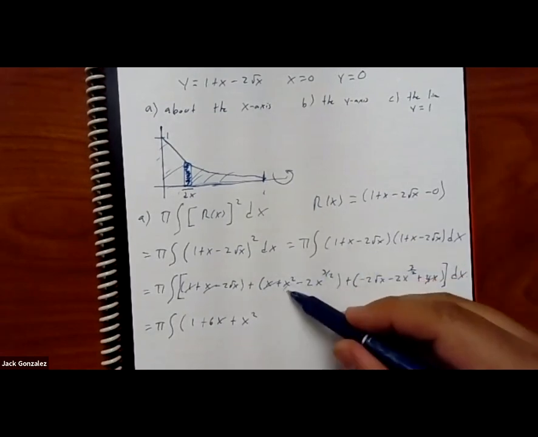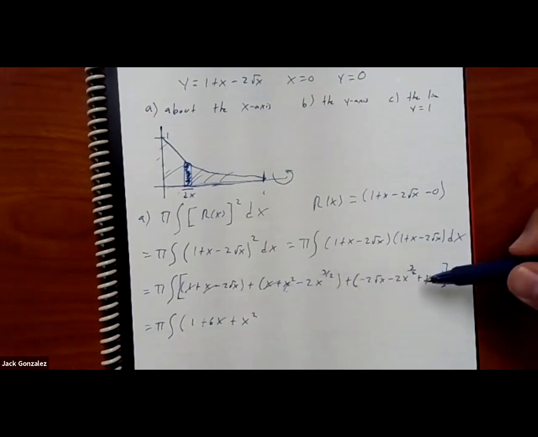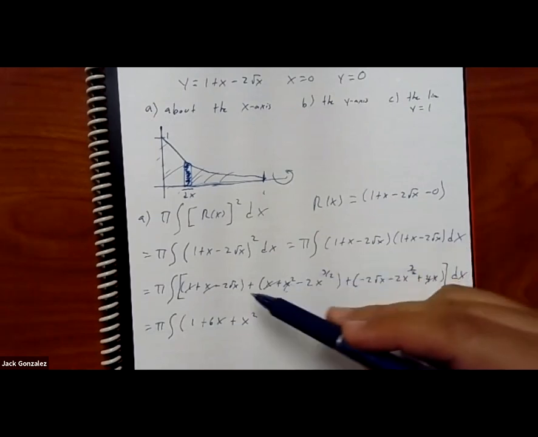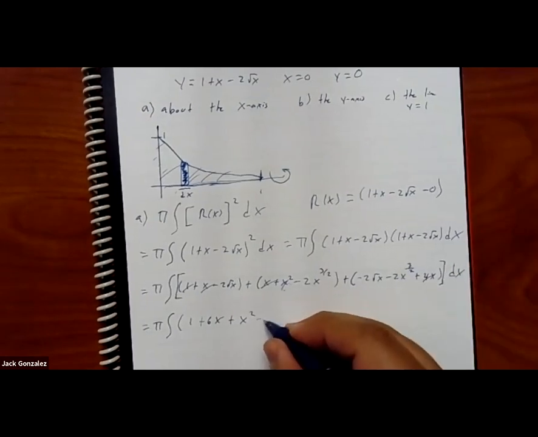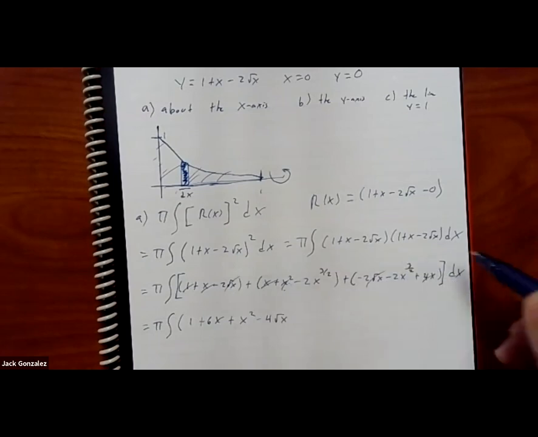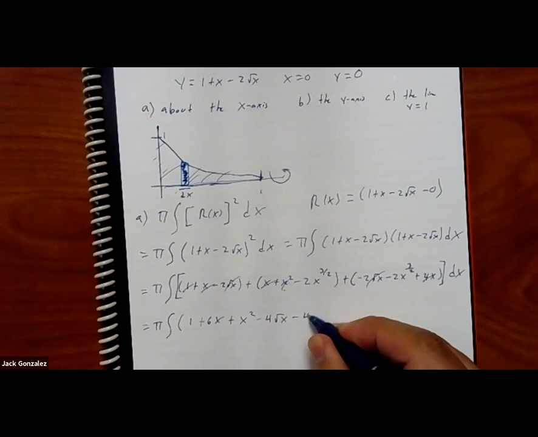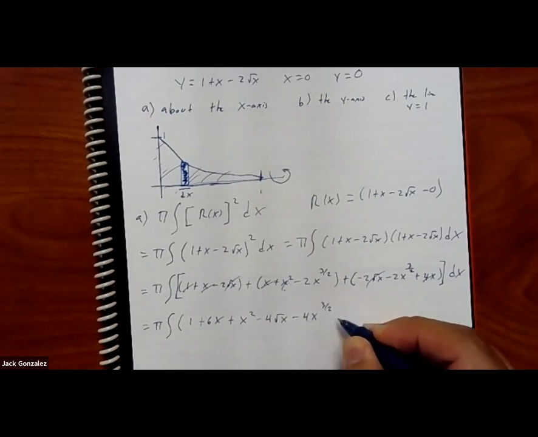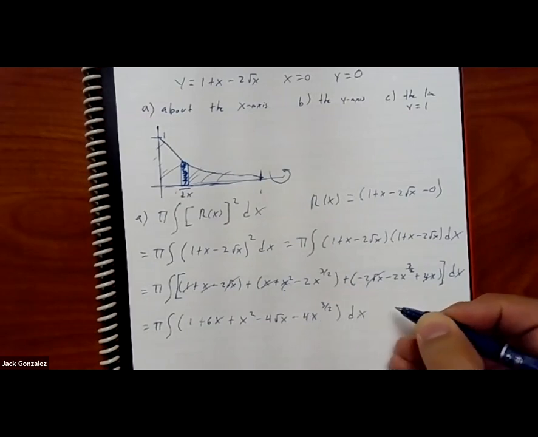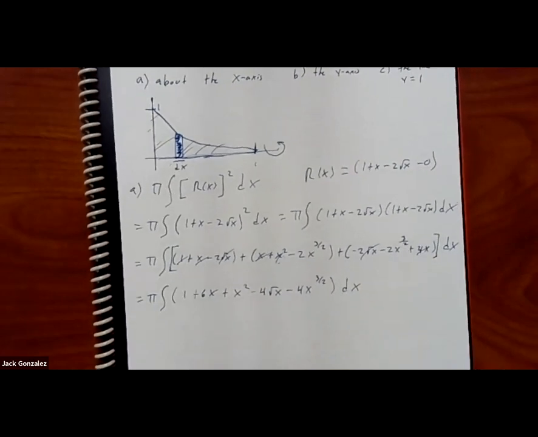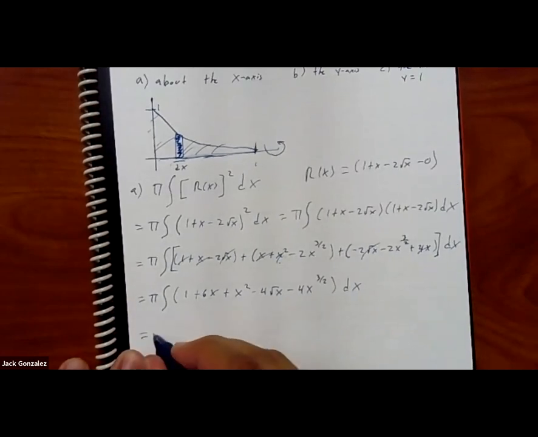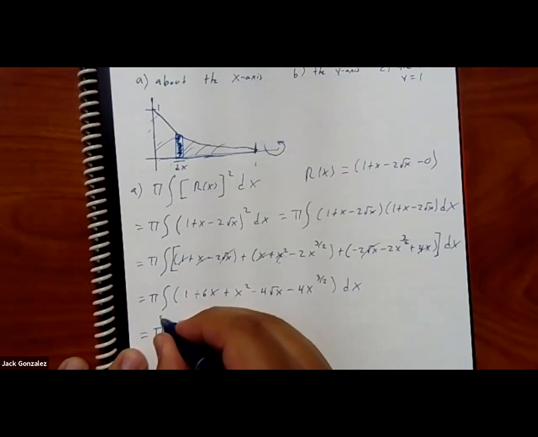Okay. Anything with a root, so -2 root x minus 2 root x, that would be -4 root x, right? Okay. -2, -2, that'll be -4x to the 3 halves. All right. We're just doing some algebra. Now we gotta integrate. And of course the bounds are 0 to 1, right?